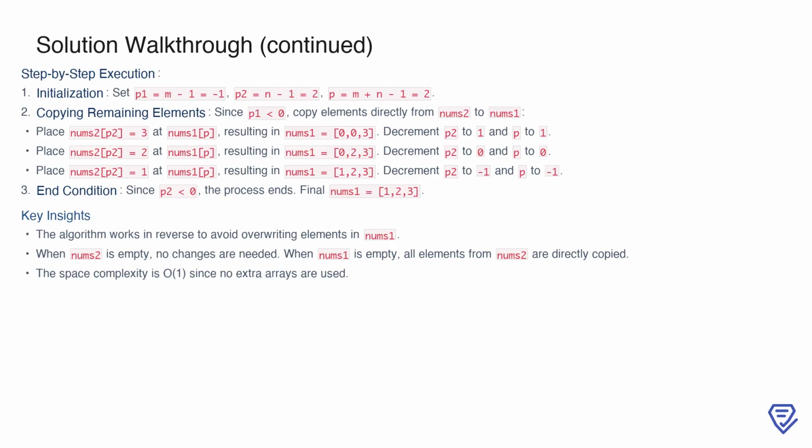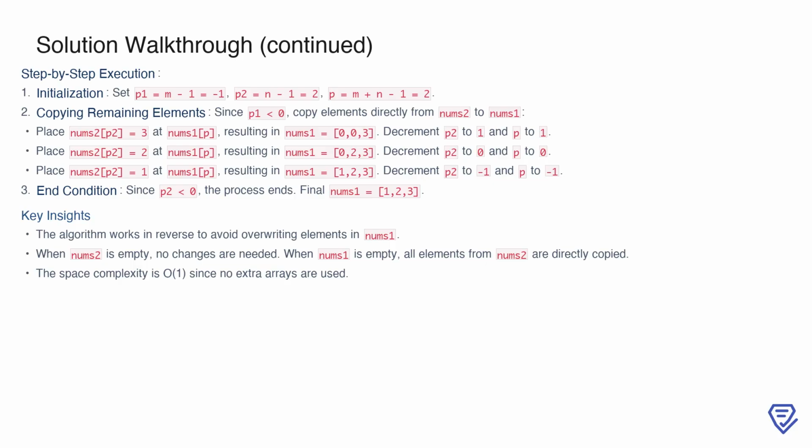We then decrement both p2 and p. Next, we copy nums2[p2], which is 2, into nums1[p], resulting in 023. Finally, we copy nums2[p2], which is 1, into nums1[p], producing the final merged array, 123. The algorithm terminates once p2 becomes less than 0.